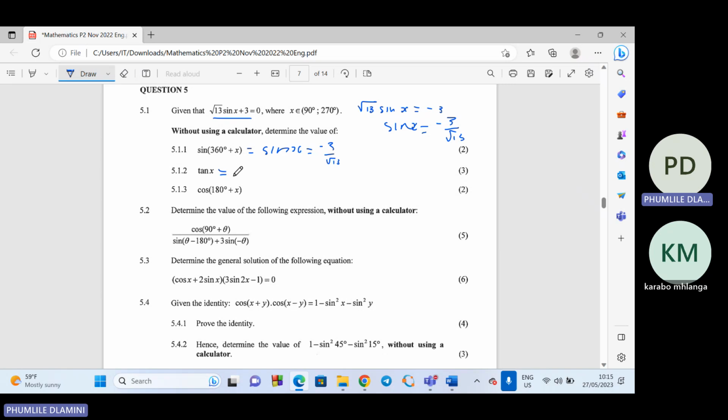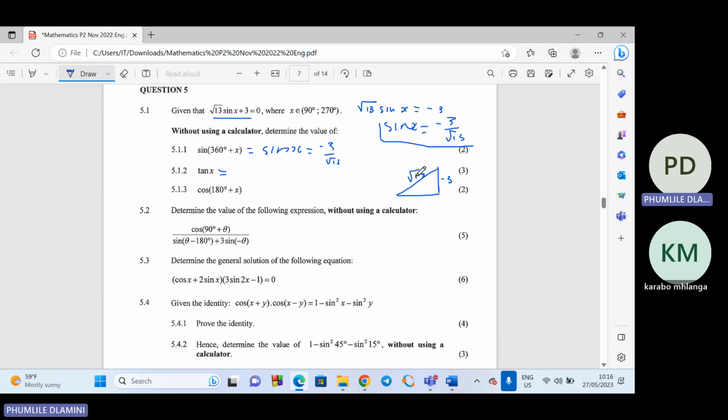What is tan x? Now when you have this, negative 3 over square root of 13, you draw a triangle. You know that sine x is opposite over hypotenuse. Opposite is going to be minus 3 over our hypotenuse, which is square root of 13. You see what I'm doing? Yes, I see. Then you use Pythagoras. Pythagoras says r squared equals x squared plus y squared.